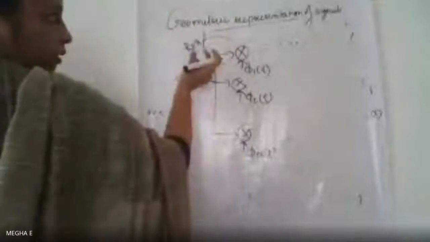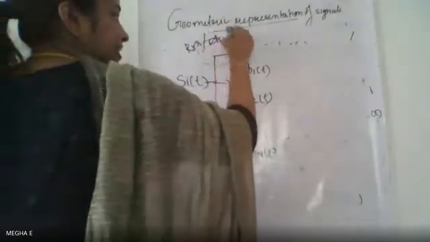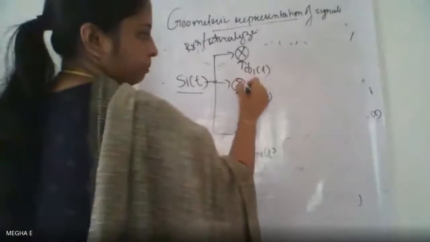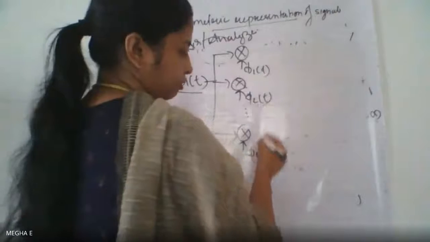The receiver side ആണ്. Transmitter we have called a synthesizer. So receiver is nothing but an analyzer. So here the received signal is multiplied with phi 1 of t, phi 2 of t, phi n of t.